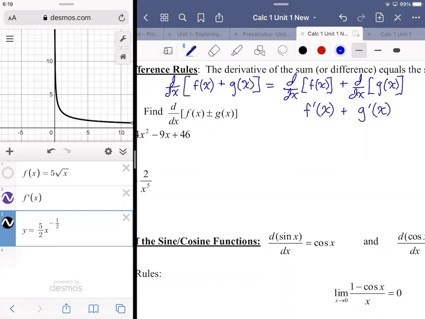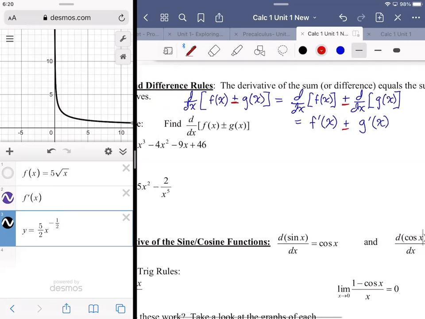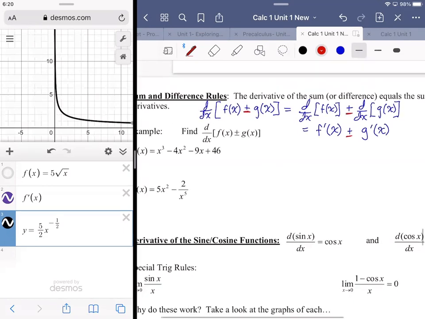So long story short, this monstrous notation here just boils down to taking the derivative of each function separately and then adding them together, right? If the original pair of functions were subtracted, then you would just subtract the derivatives, all right? So that's what it's asking us to do here.